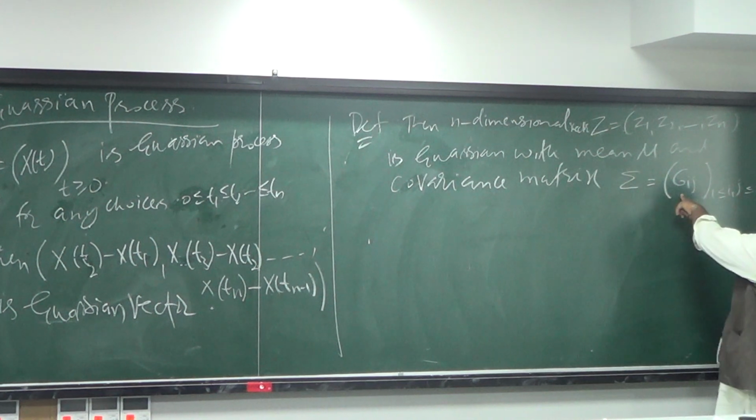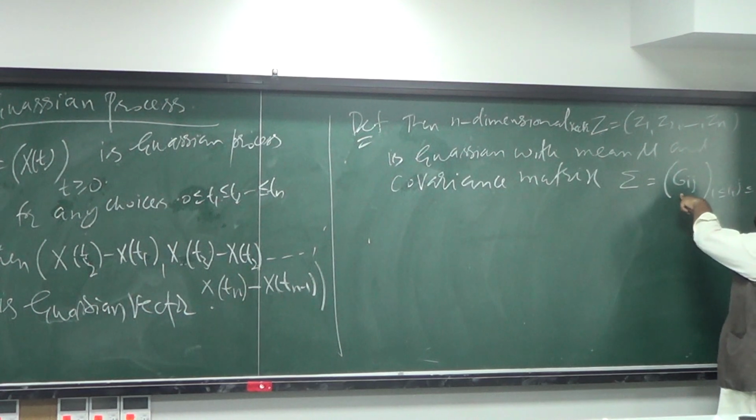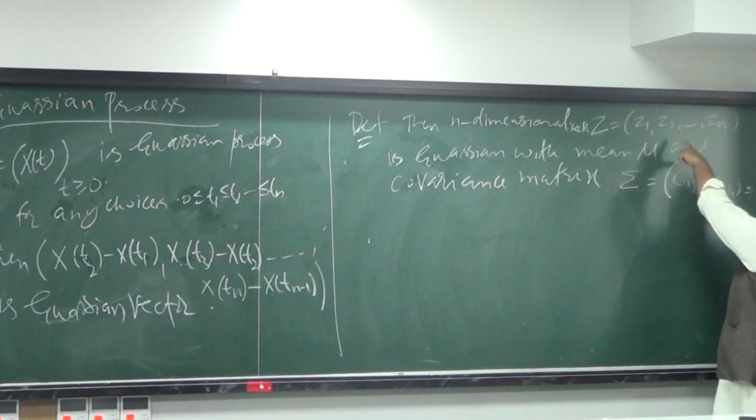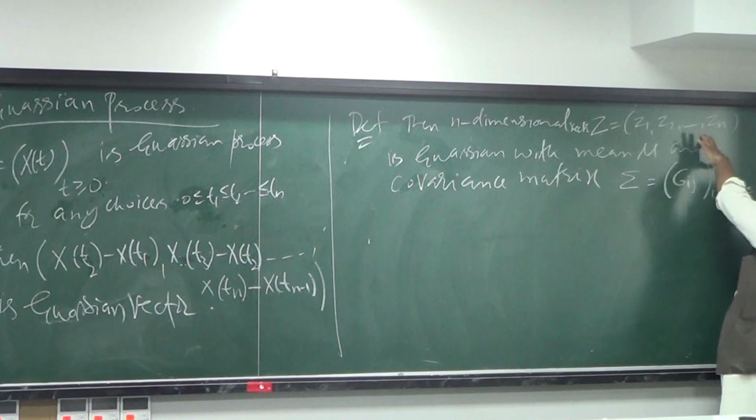So sigma ij is the covariance of Zi and Zj.